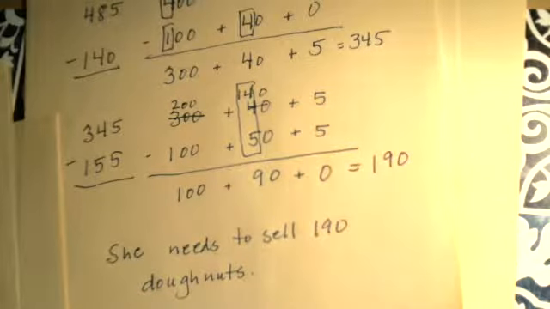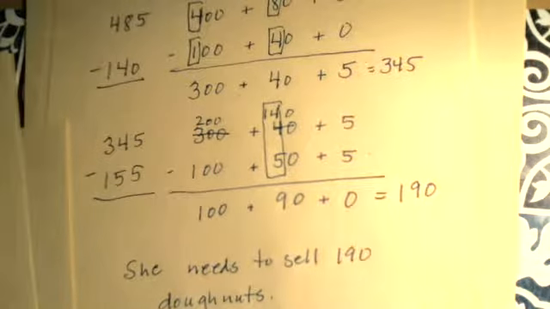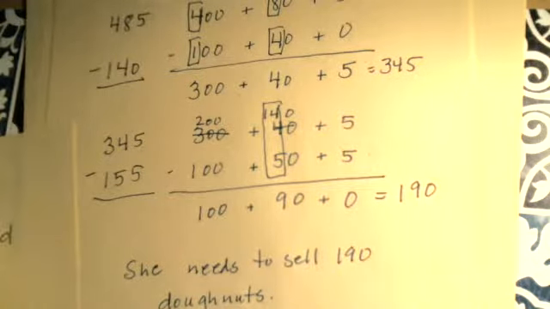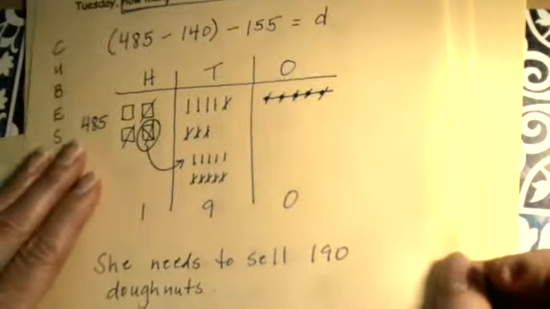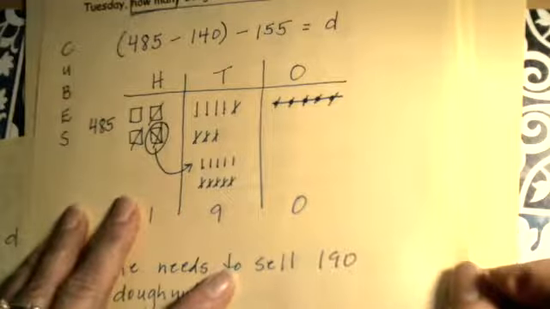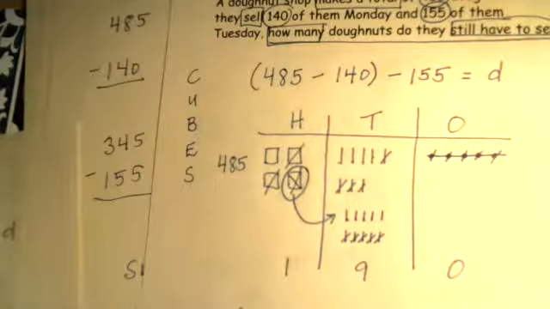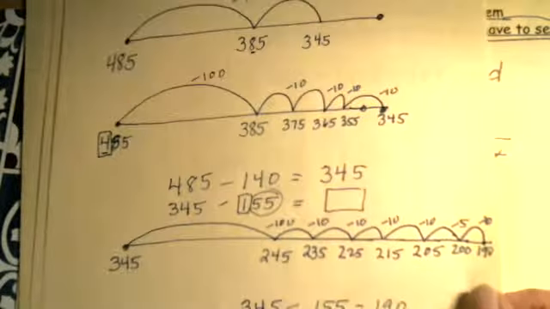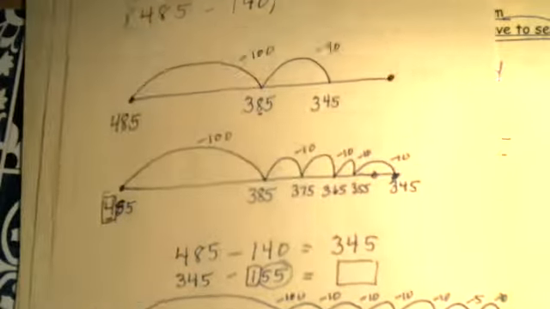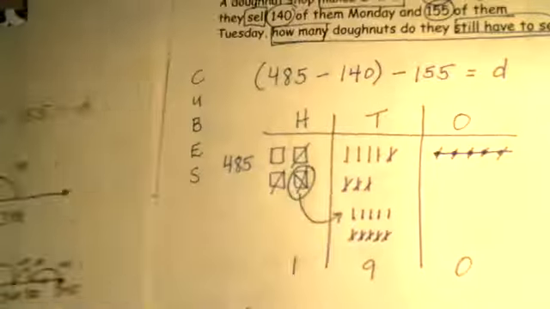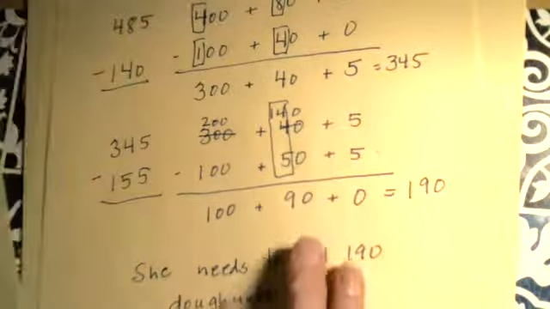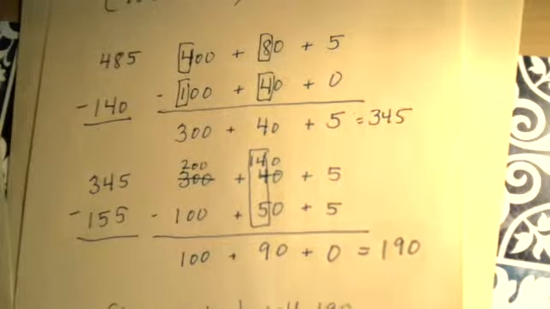Okay, I know this wasn't neat, got a little messy, but the point is I wanted to show you that you could use several different ways: your place value chart, your number lines, which at first might seem a little confusing, but we're going to practice it, or you could use expanded form.